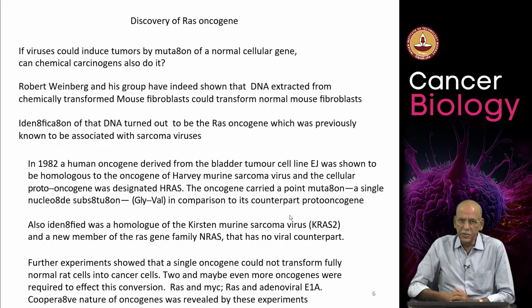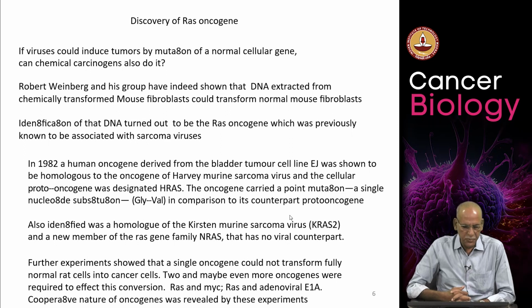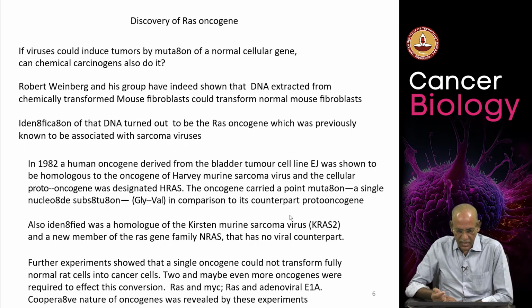In 1982, a human oncogene derived from the bladder tumor cell line called EJ, again in his lab only, was shown to be homologous to Harvey murine sarcoma virus, and the cellular proto-oncogene was designated as HRAS.